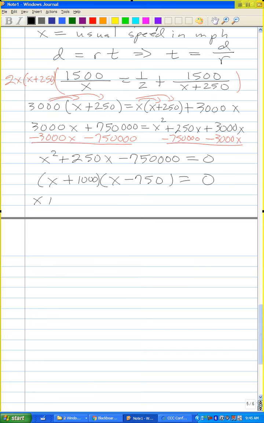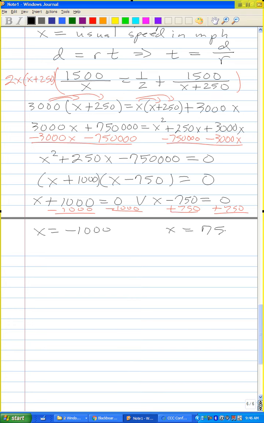Set each factor to 0 and solve for x. Subtract 1,000 from both sides. Add 750 to both sides. And so x equals negative 1,000, or x is equal to 750.